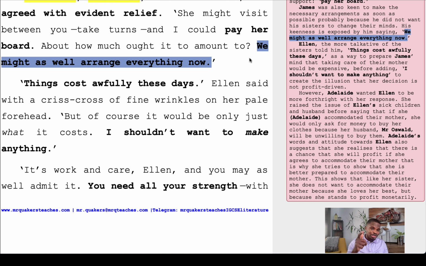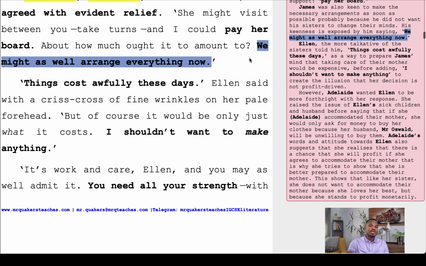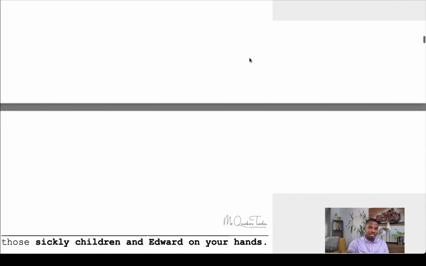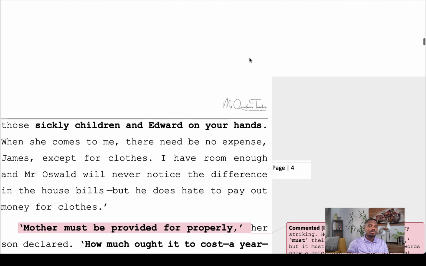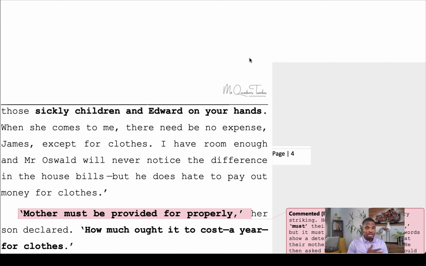And now look at her sister's response. "It's work and care, Helen, and you may as well admit it. You need all your strength, with those sickly children and Edward on your hands. When she comes to me," Adelaide is the one speaking now, "when she comes to me, there need be no expense, James, except for clothes. I have room enough, and Mr. Oswald would never notice the difference in the house bills.